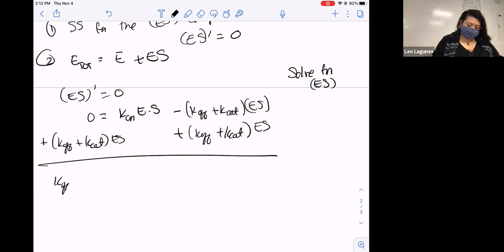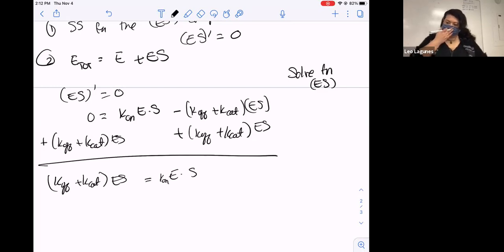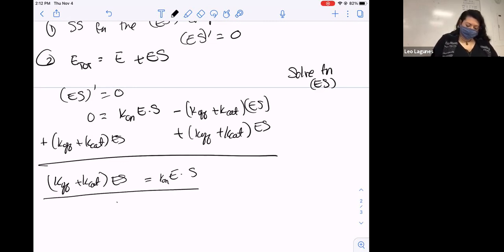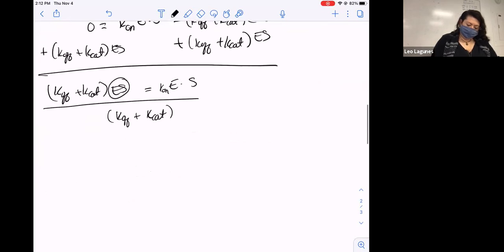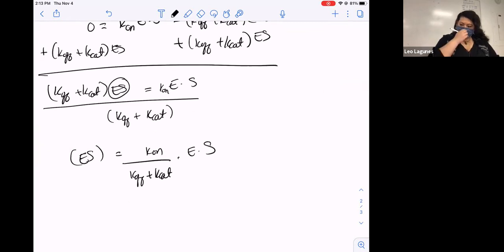So this simplifies to K off plus K cat times ES is equal to K on times E times S. Then we'll divide by K off plus K cat so we get the ES by itself. So the ES complex is equal to K on over K off plus K cat times E times S.